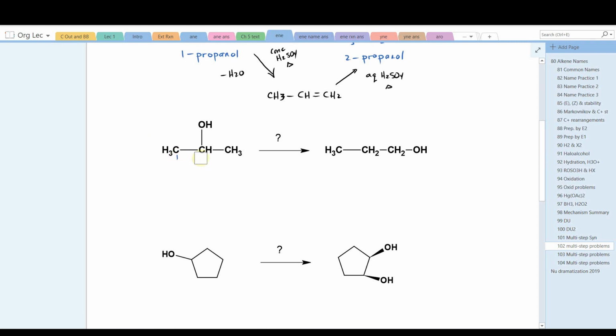This is 2-propanol. We want to convert this into 1-propanol. Can't do that in one step. Let's first dehydrate the alcohol.